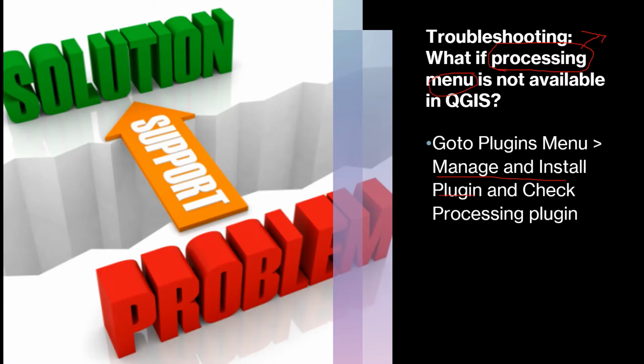A dialog box will open. In this dialog box you will activate the processing plugin. You will check that it is a core plugin which is installed with every QGIS software.